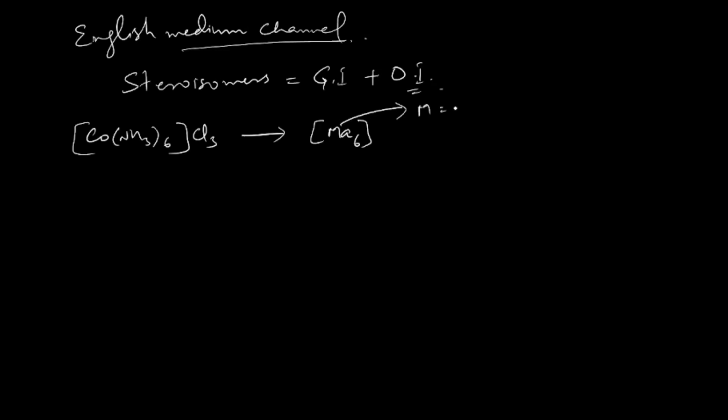Where M is the central metal, and A is the ligand, and this 6 is the coordination number of the metal. Based on this, we will draw how many possible isomers there are, and then see the optical activity of those compounds. Here A is a monodentate ligand.